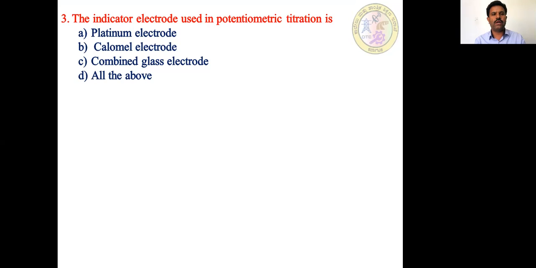The indicator electrode used in potentiometric titration is option A platinum electrode, option B calomel electrode, option C combined glass electrode, option D all the above. We know that we used the platinum electrode as an indicator electrode because it indicates the change in potential during the titration. Hence the right answer is option A.